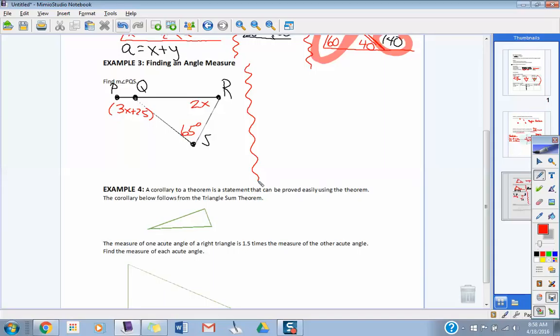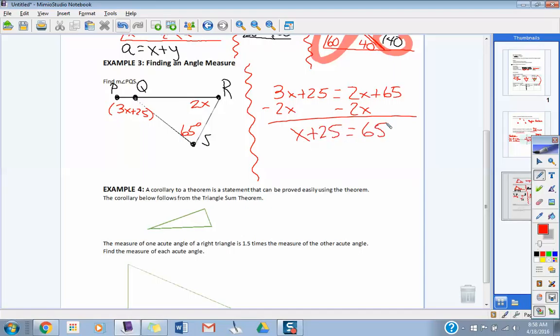We're going to say 3x plus 25 equals what on the right, guys? 2x plus 65. So back to elementary algebra here. Subtract 2x from both sides. And I have x plus 25 on the left equals what value? 65 degrees. Now, subtract 25, what's your x value?